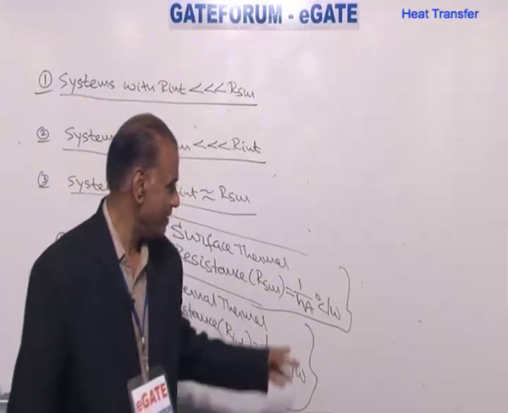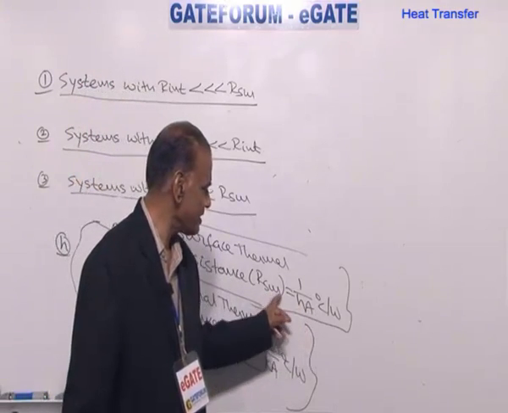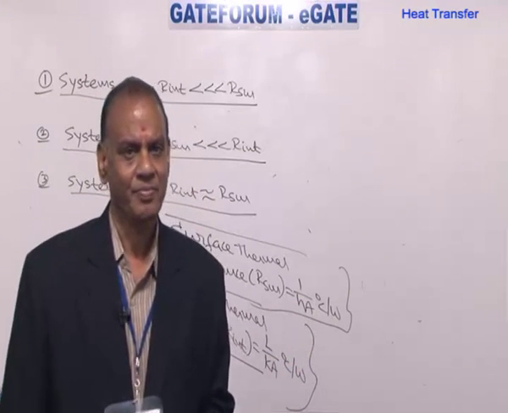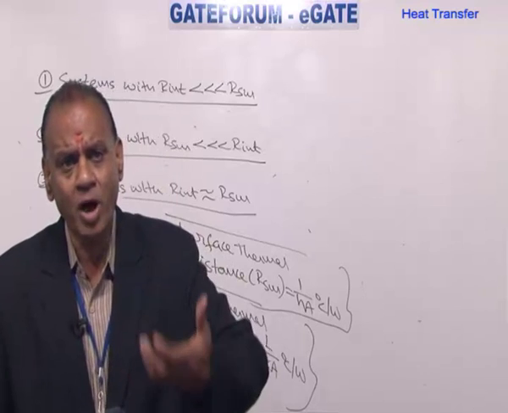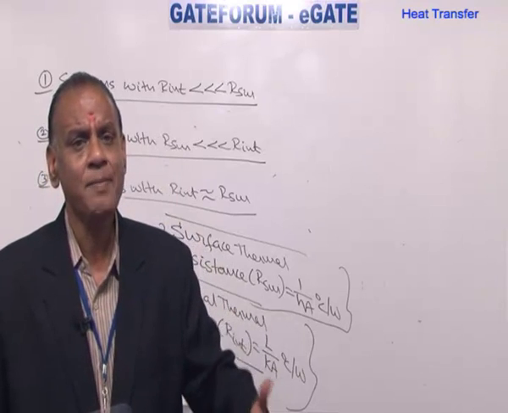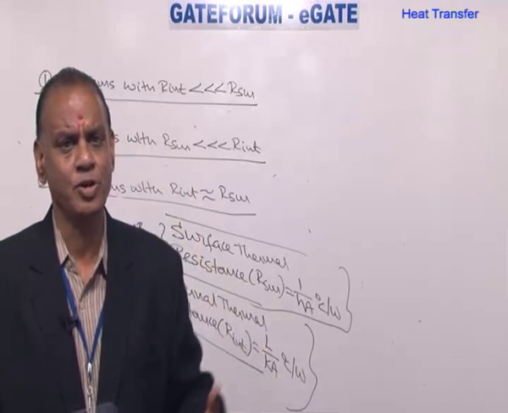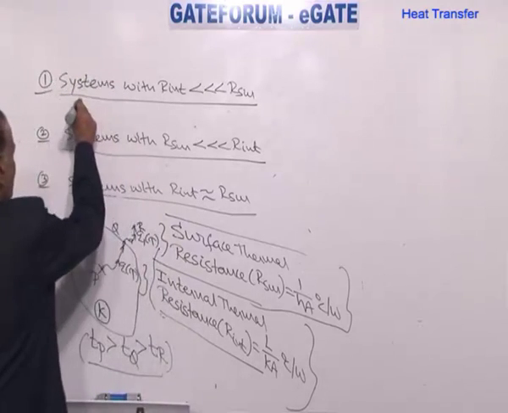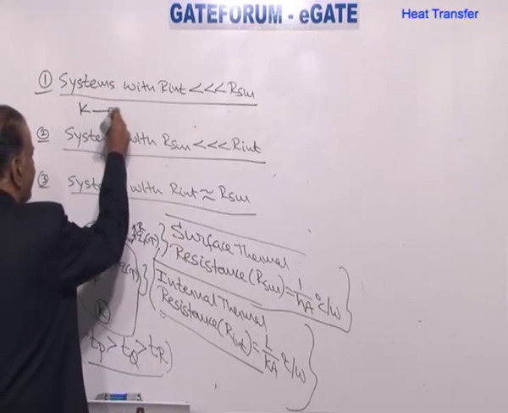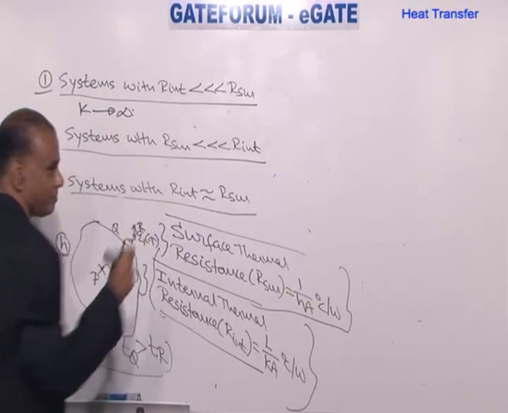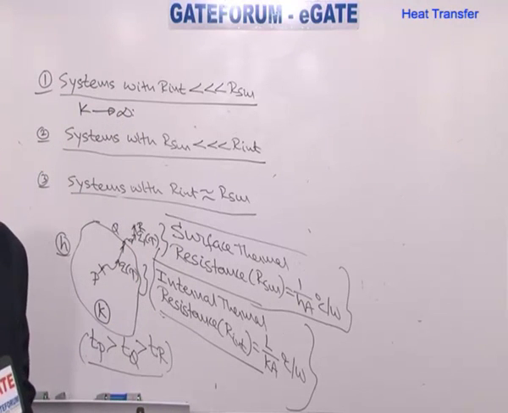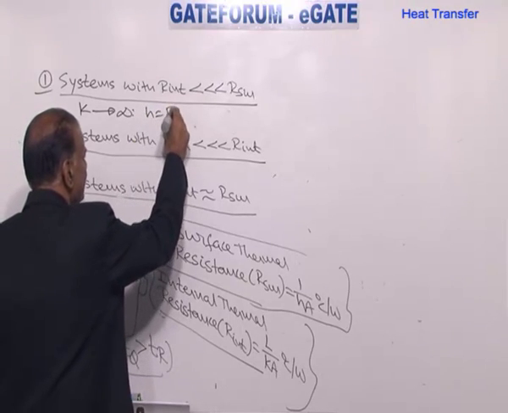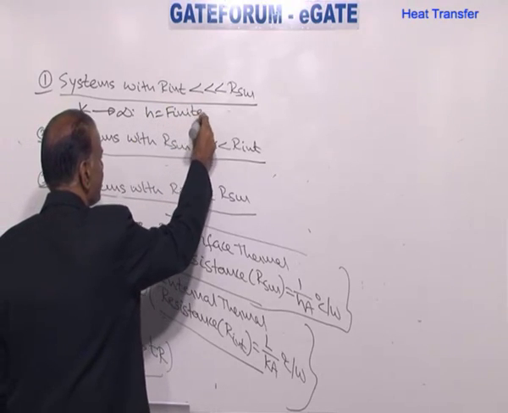At the same time, for the given area, R surface is inversely proportional to H. In order to have very small internal resistance, K must be as much as possible. Theoretically, K should go up to infinity. At the same time, H must be finite to see that R surface is big.